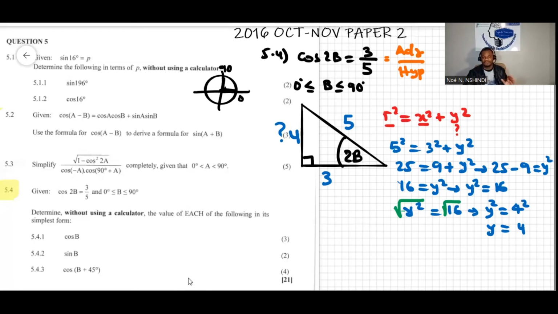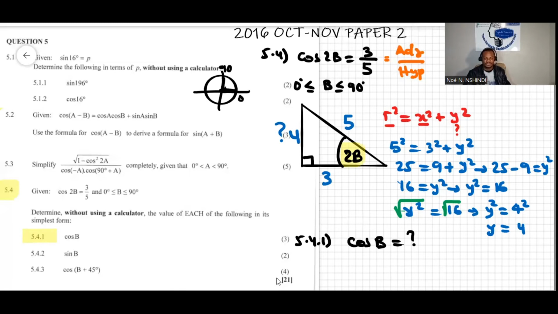It's like cutting tomatoes, onions and spices, and then you just put them in the pot. Now let's start solving the question, 5.4.1. We are asked to find cos of B. How can we find cos of B, because here the angle is not B but 2B?